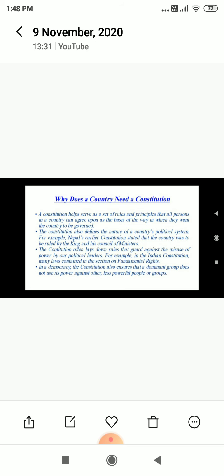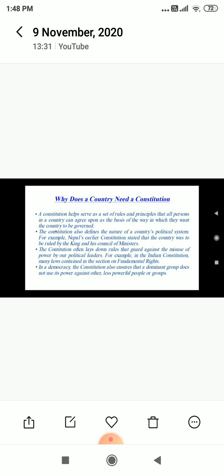If we did not choose them as our leader, they could not misuse the power. For example, our constitution is protecting us against this type of misuse. How? The Constitution of India lays down in one of its sections the fundamental rights. These fundamental rights are there to secure the citizens' rights.